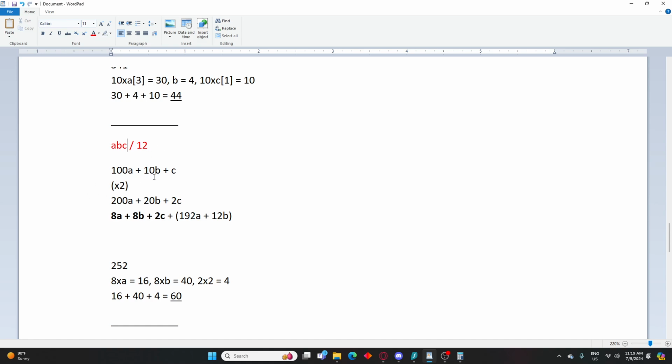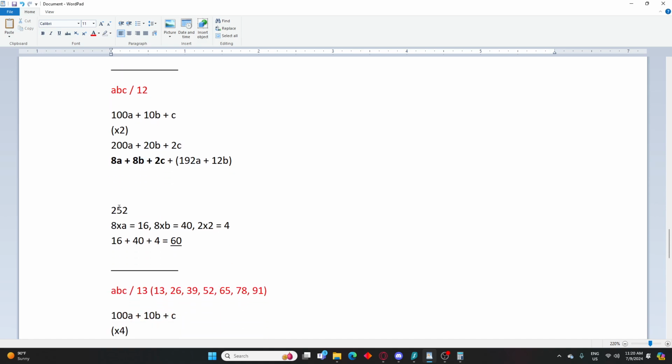So, how do we get to where we want to? We can multiply this by 2. So now we have 200a plus 20b plus 2c. So now we can take out 8a, so 192a plus 8a is 200a. 12b plus 8b is 20b, and then there's the 2c right there.